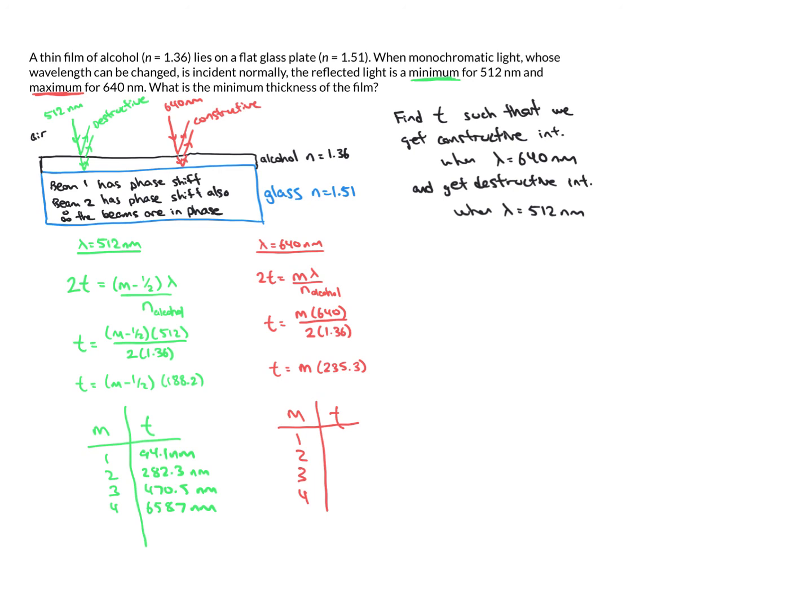Okay, I'll plug in m equals 1. That's simply 235.3. So does that match anything on my green table? No, it doesn't. So I'll plug in m equals 2, which is just a double of 235.3. That's 470.6. Okay, so actually, that's extremely close to one of the values on the other table.